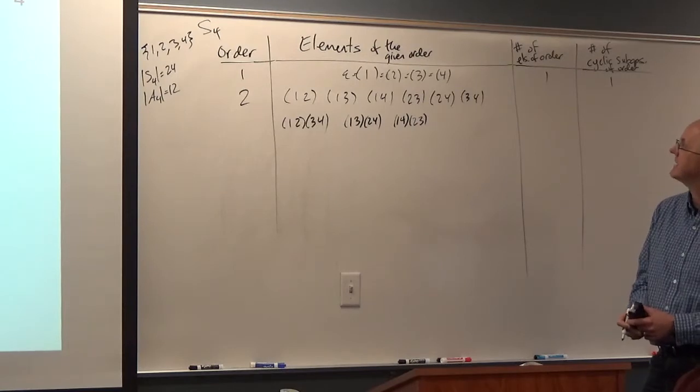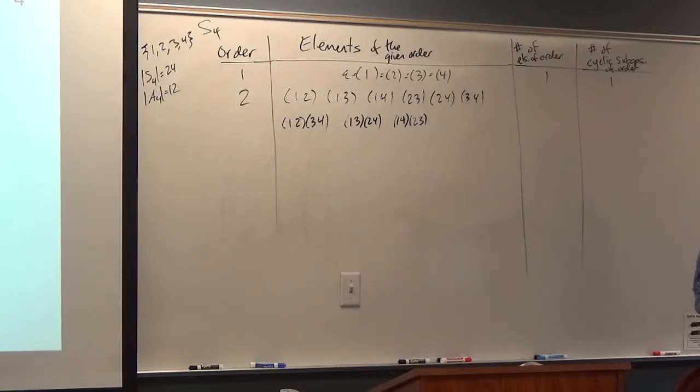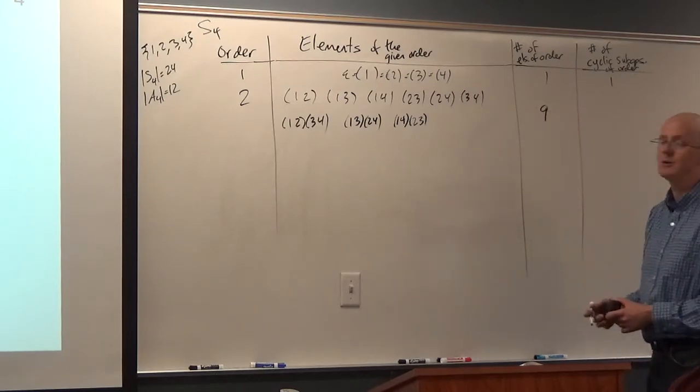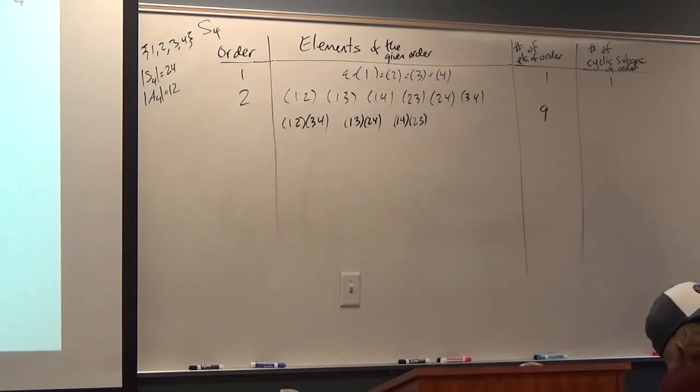So that's bringing us to 9 elements of order 2. Can you think of any more? Would a 3 cycle be order 2? No. And a 4 cycle would not be order 2. Seems like we've got 1, 2, 3, 4, 5, 6, 7, 8, 9 elements of order 2 that are going to generate 9 distinct subgroups of order 2.